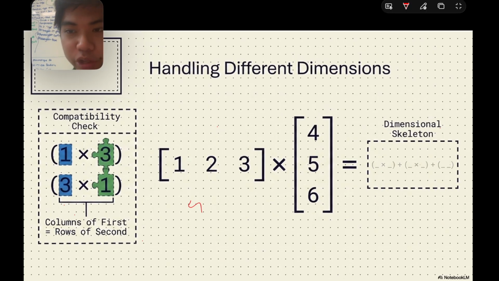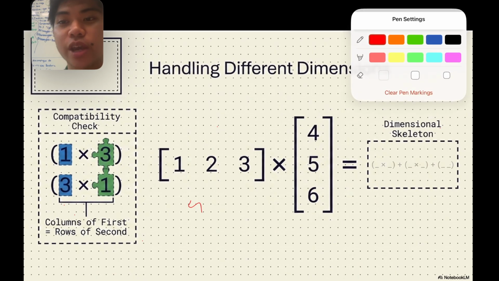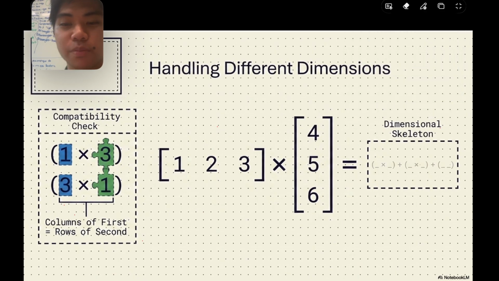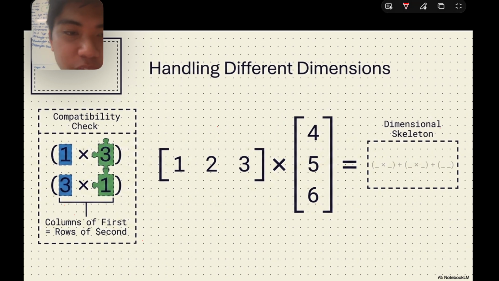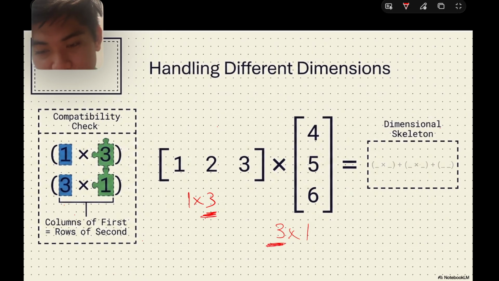So what if we were to handle different dimensions now? First, let's check if we can actually multiply it through. We have a 1 row by 3 column matrix and a 3 row by 1 column matrix. So let's look at our inner dimensions, 1 by 3 and 3 by 1.